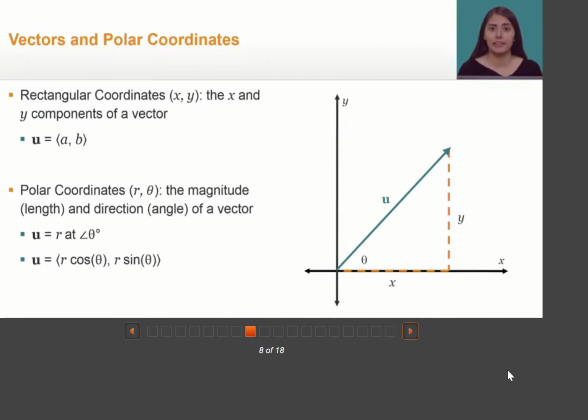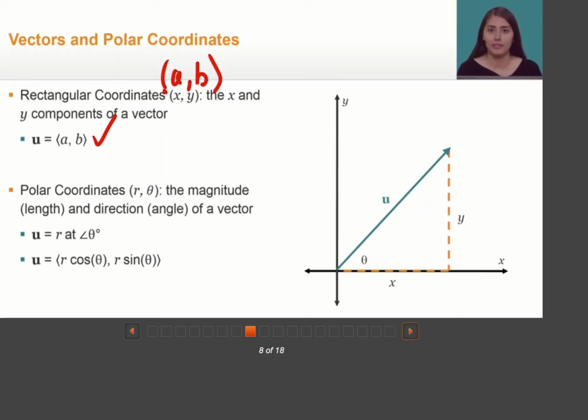Vectors can be written and described in various ways. You have already been working with vectors in rectangular coordinates in component form, with a being the horizontal component and b being the vertical component. We will also be working with vectors in polar form.